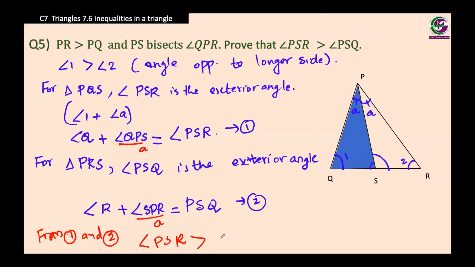PSR is greater than PSQ since angle Q is greater than angle R. That was to be proved.